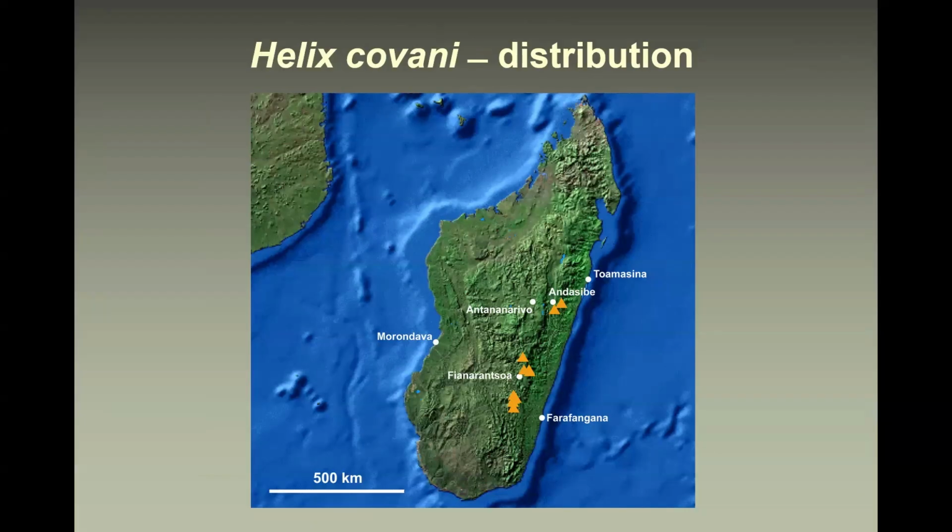Where does it occur? Well, it occurs on the high altitude mountains of the eastern regions of Madagascar. There's a ridge of mountains that runs up this whole central eastern region, and the climate there is very damp, a rainforest type environment. We've been doing some survey work over here in the northwest of Madagascar, and on our way back we decided that we would try to visit the forests here in the Andasibe region to see if we could find Helix coveni.